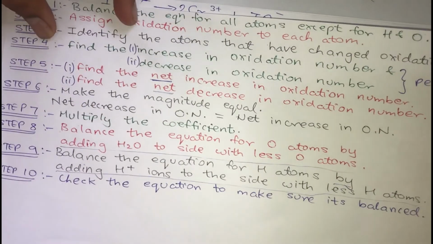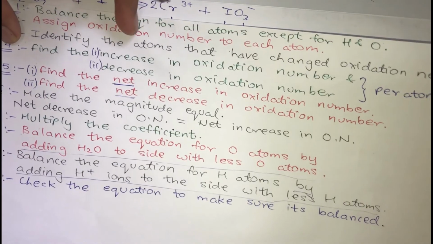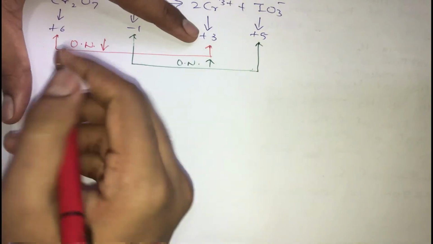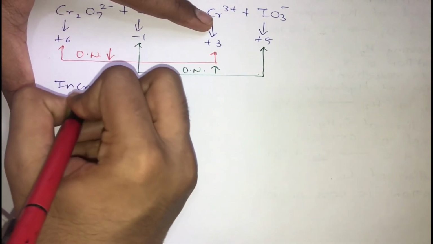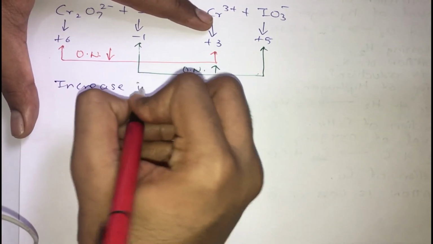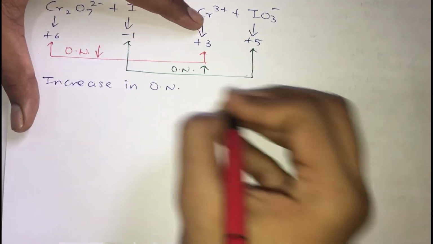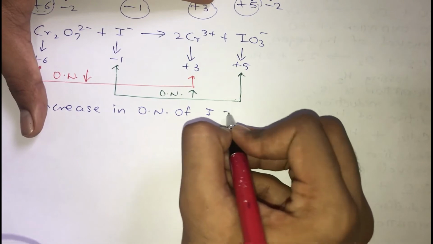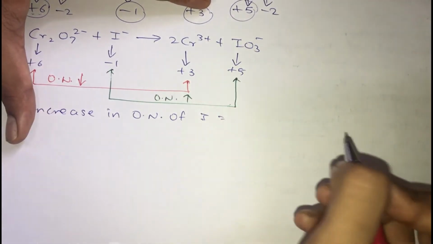Next, step number 4. What does step number 4 tell us? Find the increase in oxidation number. So what is the increase in oxidation number? Increase in oxidation number of iodine is from -1 to +5.